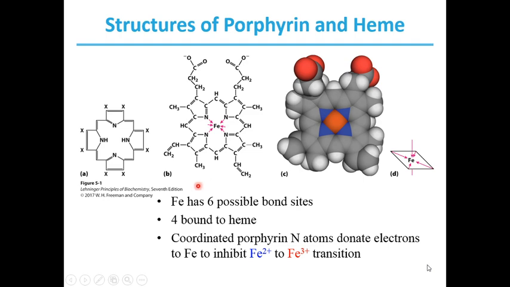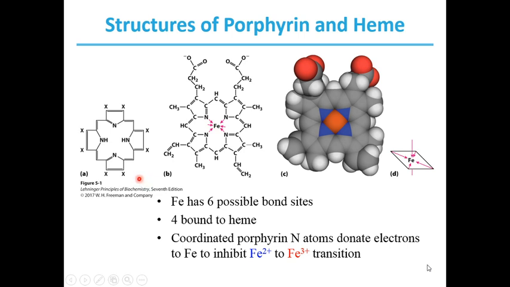Heme consists of a complex organic ring structure called protoporphyrin, to which is bound a single iron atom in its ferrous state. This is the Fe2 plus state.